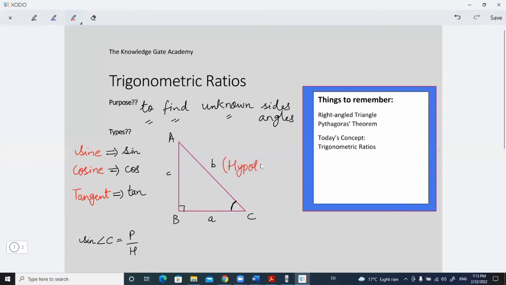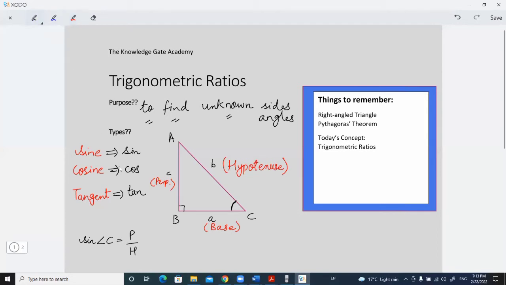Perpendicular is the side that is opposite to the given angle. If this is angle C, the side opposite to that given angle is small c, and that is termed perpendicular. I can write it as P. The third side, the one that is adjacent, is the base.